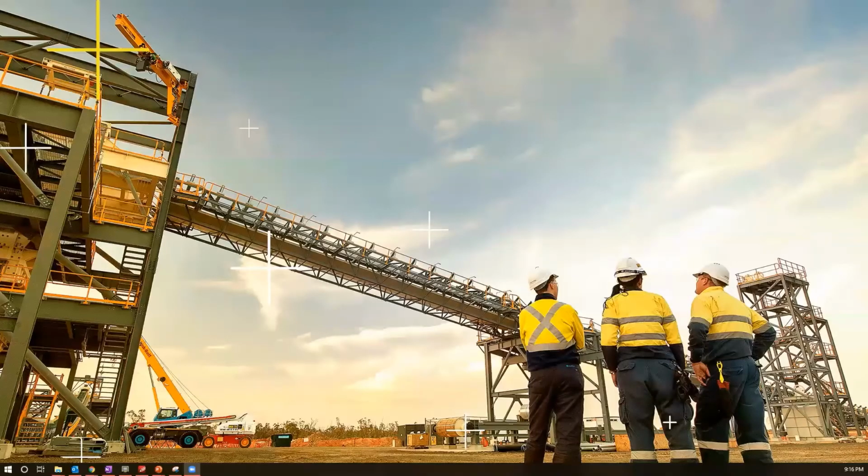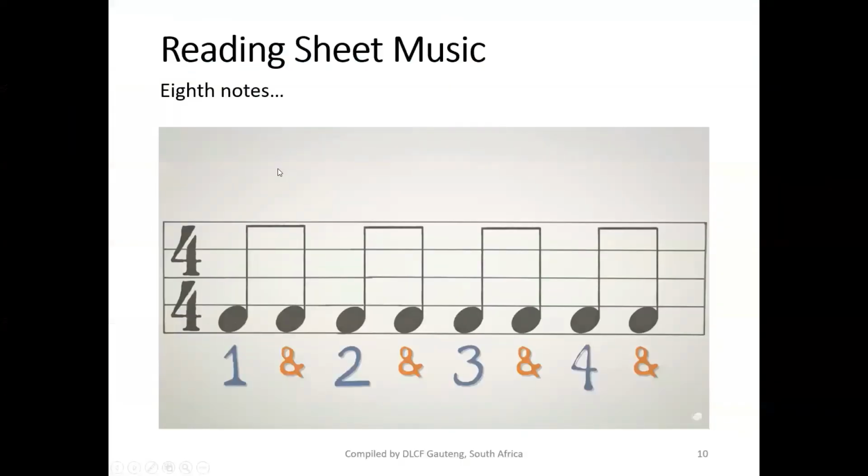I hope I wasn't sharing the wrong screen. Just a minute. Okay, share screen.